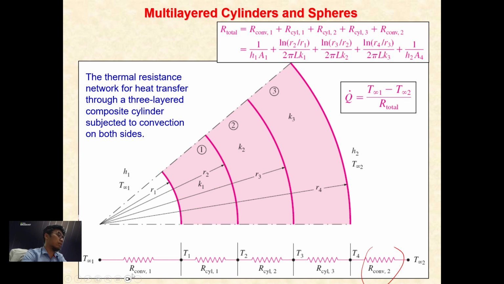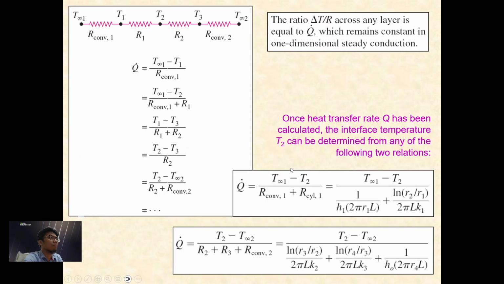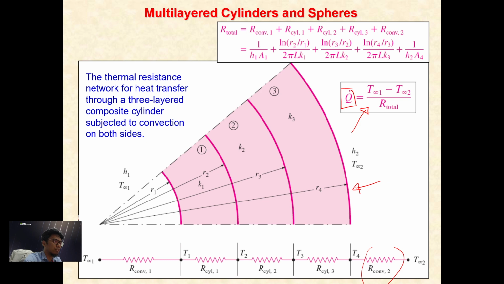So you need only to find the R total of all this, then apply the main formula, and you can get the heat transfer rate of any problem regarding cylinders or spheres. You can take a look at this slide, where they make the thermal resistances complex, but I don't suggest that you memorize all this.